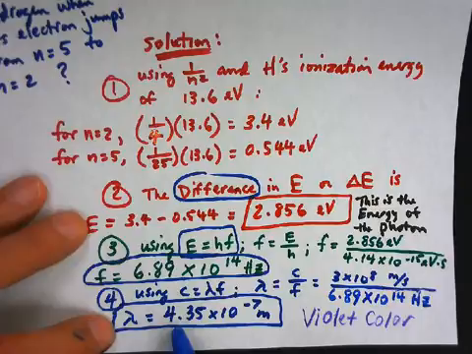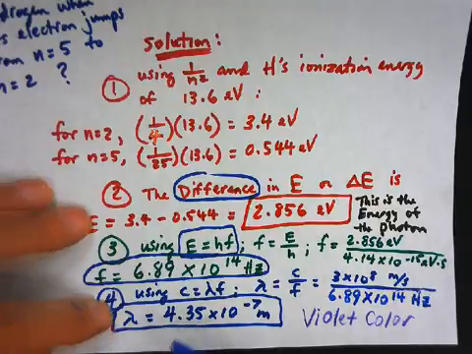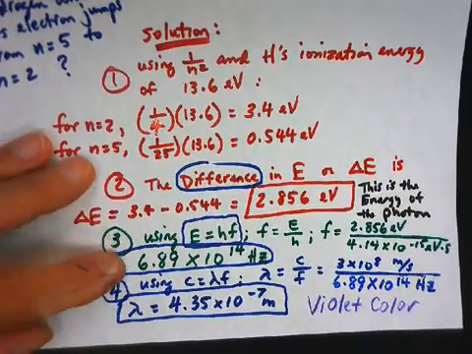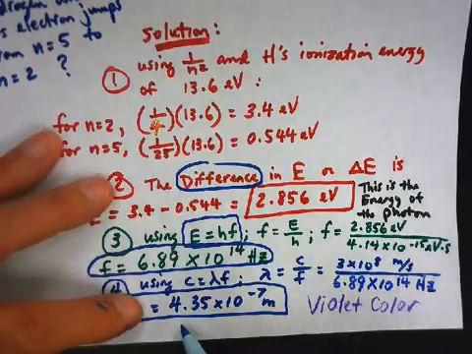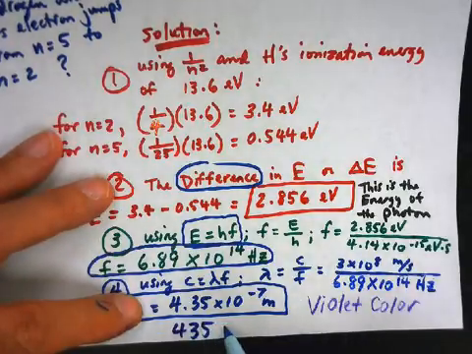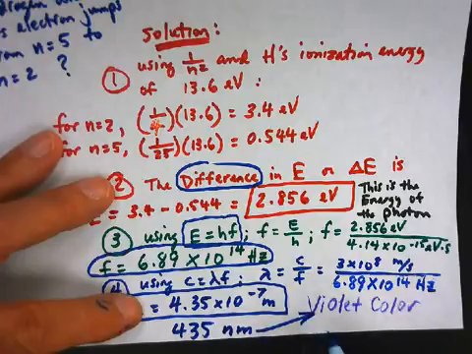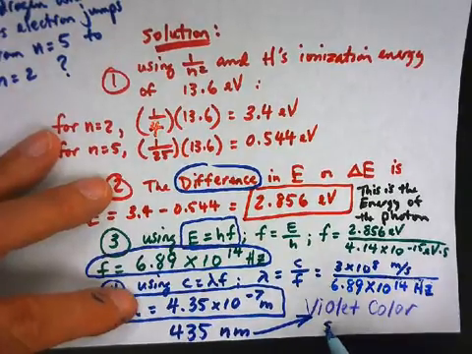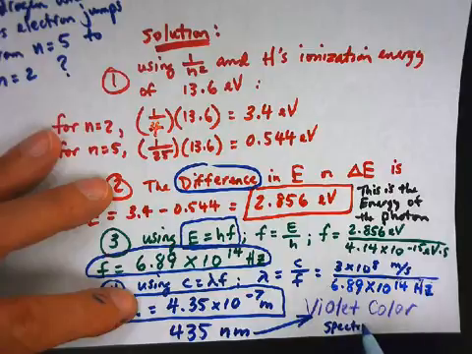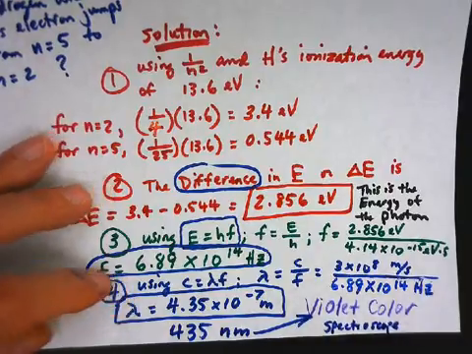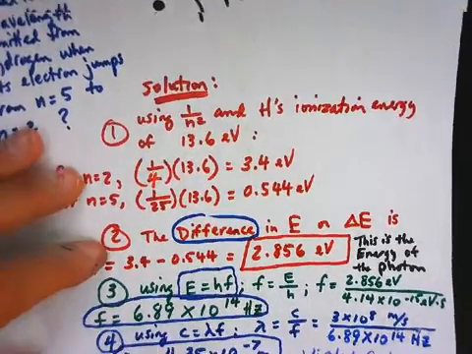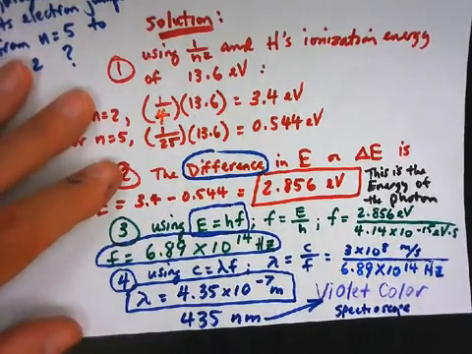And we get the wavelength is 4.35 times 10 to the negative 7th meters, which corresponds to 435 billionths of a meter, or nanometers. And that, you may recall using your spectroscope, would be a violet color. That's violet, okay? Whereas if it was about 700 nanometers, that would be reddish.